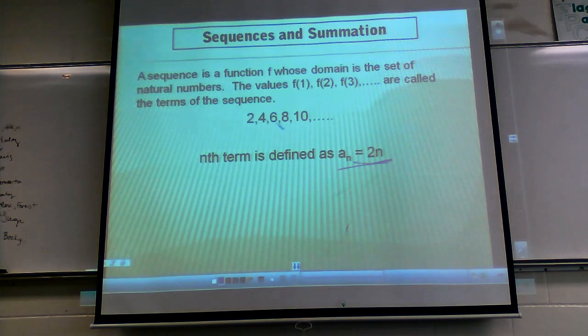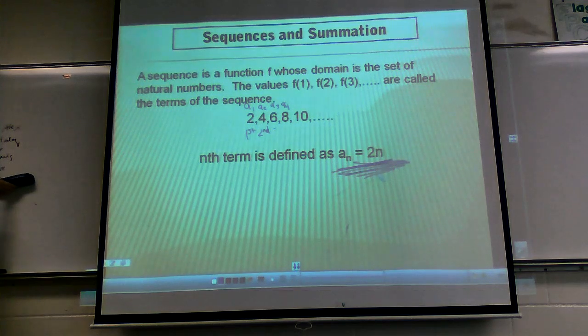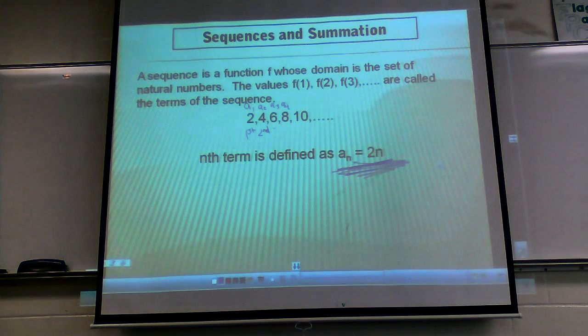And remember, guys, it goes first term, second term, third, fourth, fifth. So a sub 1, a sub 2, 3, 4. What the formula does is give you a way to find whatever term you want by just plugging in the number for n.